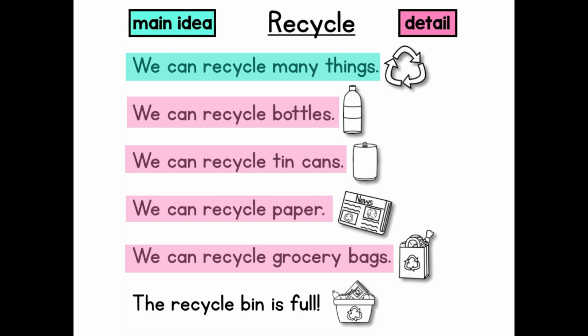The recycle bin is full. Well, if the recycling bin is empty or full, it doesn't really tell me or help me understand that we can recycle many things. So we're finished, and now we identified our main idea, and we found 4 supporting details.